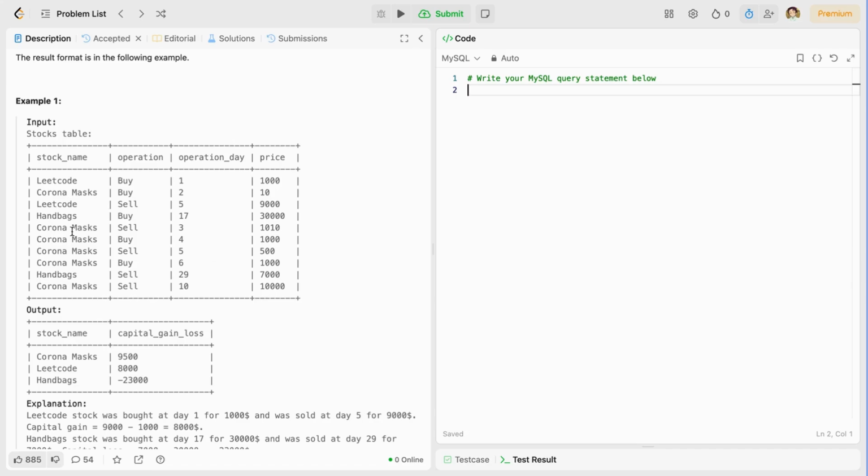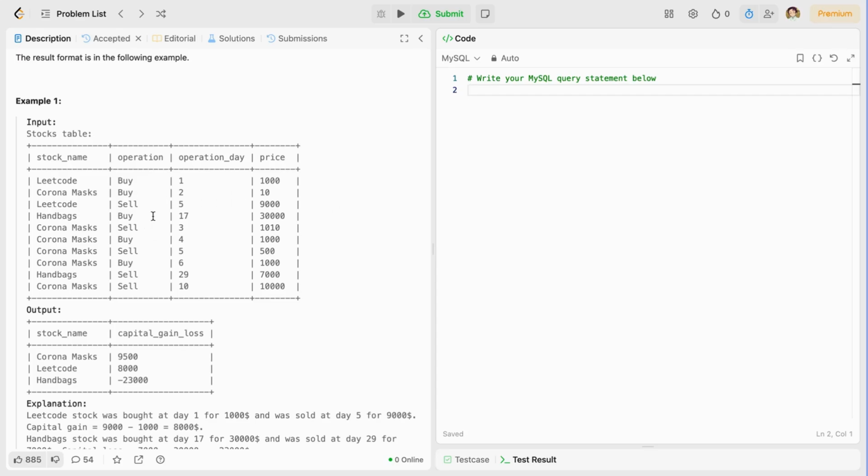So after grouping by the stock name, we can use case when operation. Whenever the operation equals selling, we are going to multiply it with +1.